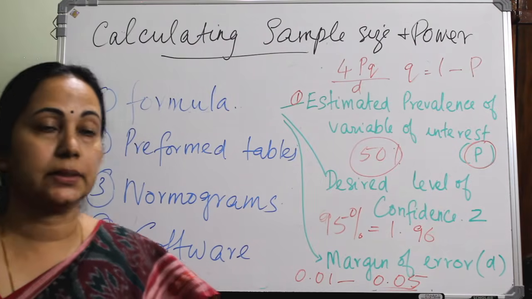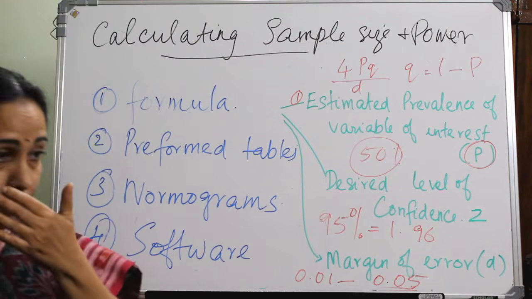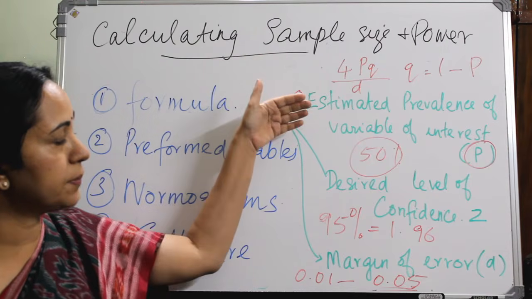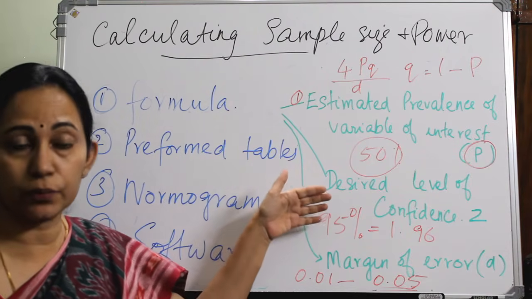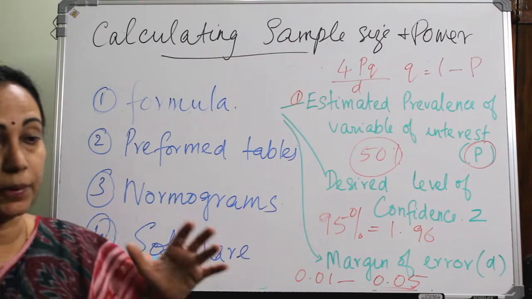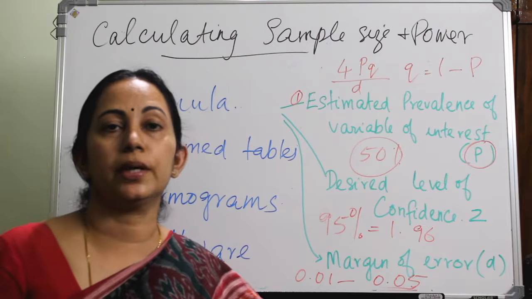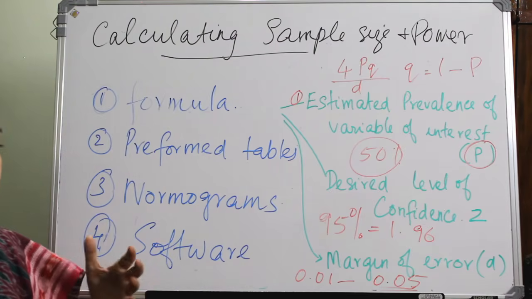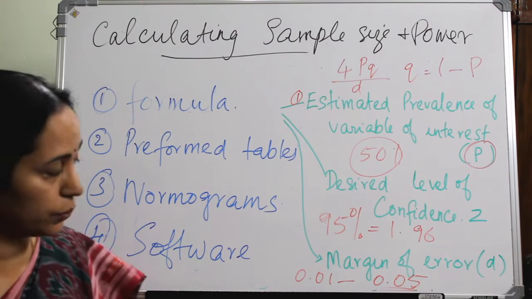The next method is by using ready-made tables. So if you give this estimated prevalence of the variable and the desired level of confidence, from the preformed table you can find out the sample size, or how many samples you want to collect.